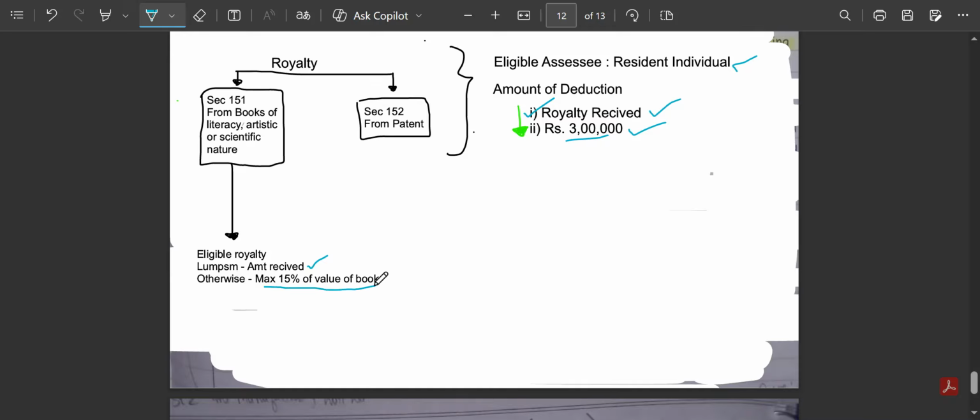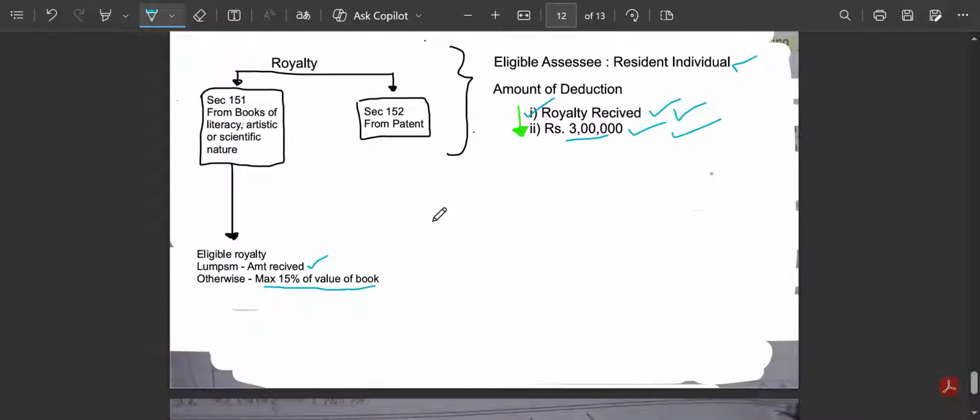Means if the value of book is 1000, we'll get 15%, which is 150 as the royalty received, to put here in the royalty received section, and then we'll compare it with rupees 3 lakh. Then there is just one point for both of these cases.